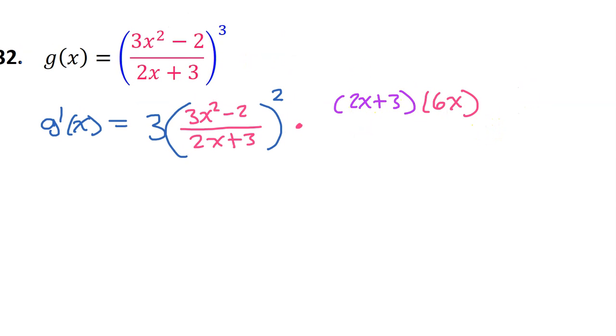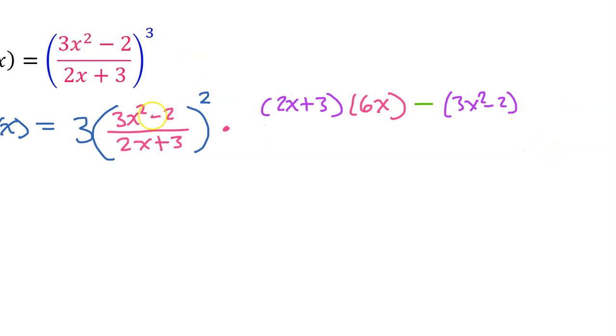So low d high less high d low. Less means subtraction. High means we're going to write down the top part, which is 3x squared minus 2. D low. Now we're doing the derivative of the bottom piece.